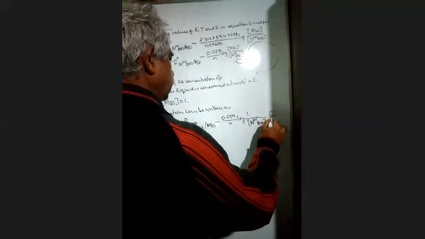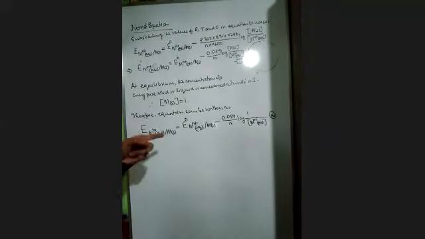So this is our ultimate Nernst equation at a specific electrode. So we can write it for cathode and we can write for anode, and from there I can find out the EMF of the cell.